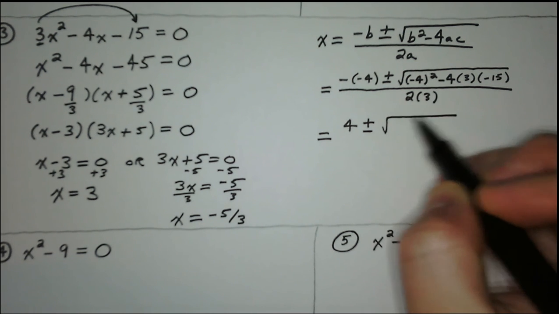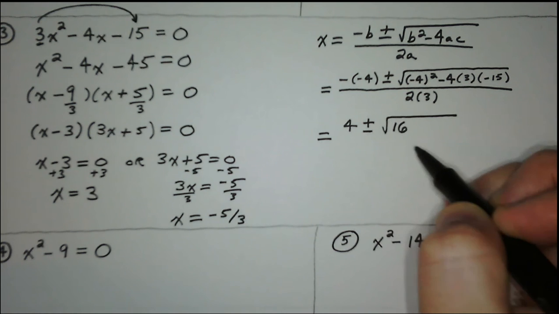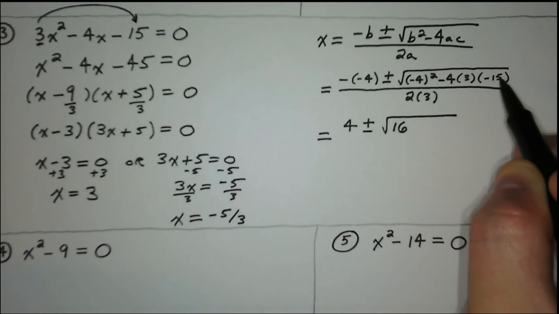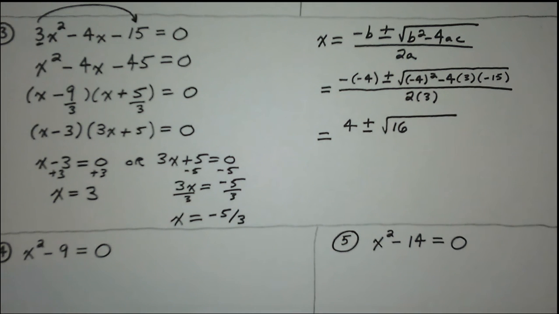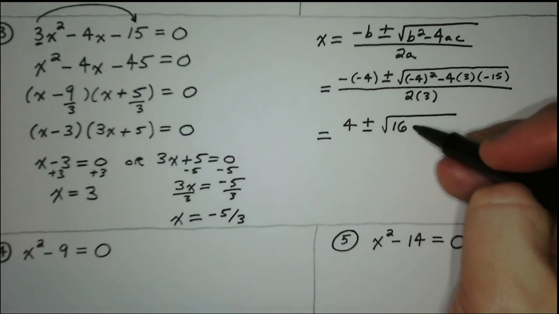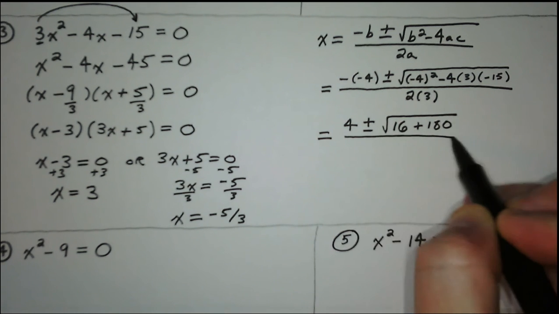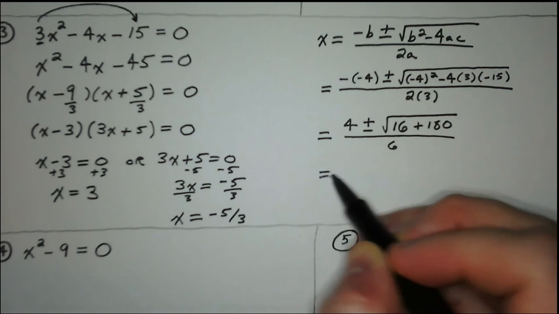You know what I mean? +16. And then here it's a -4 times 3 times a -15. So again, this is where people mess up with the negatives. But your answer here is going to be +180. And then over 6.